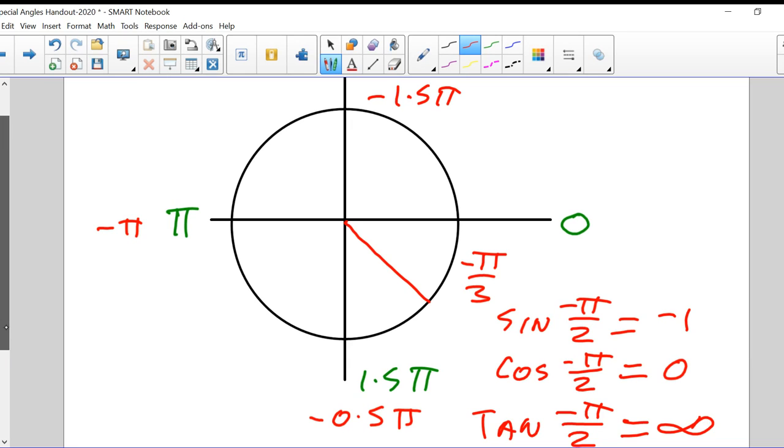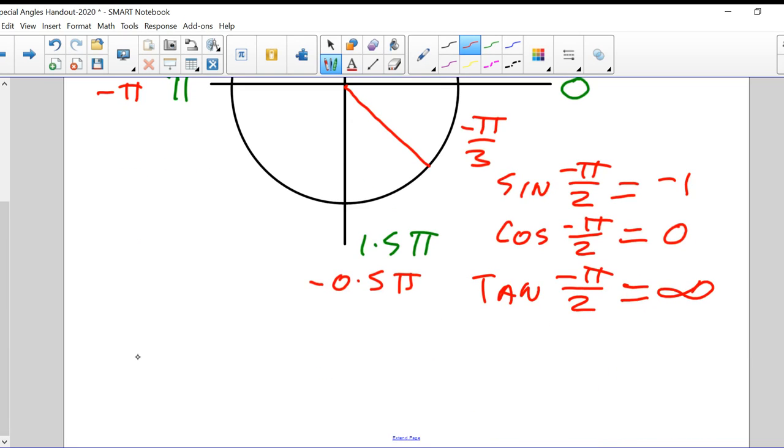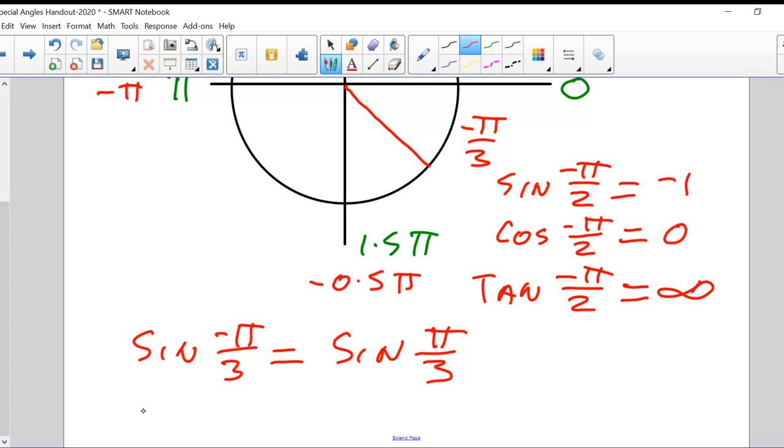So I'm going to answer the question for sine, cosine, and tangent very quickly. The sine of minus pi over 3 is the same thing as the sine of pi over 3. But should it be negative or positive? Well, we agreed it's in the fourth quadrant, so that should be negative.